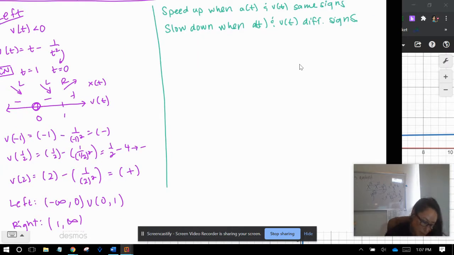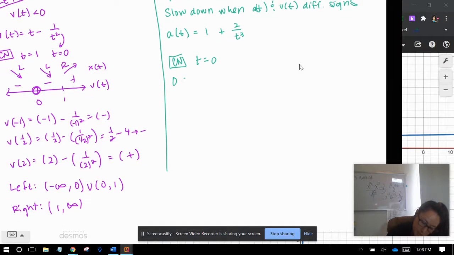Right? So we have to find out our critical numbers for a of t, which is 1 plus 2 over t cubed. I can see right now that I have a critical number when t is equal to 0, since it's undefined. And then let's set a of t equal to 0. So 1 plus 2 over t cubed. We'll subtract 1 from both sides. So negative 1 is equal to 2 over t cubed.